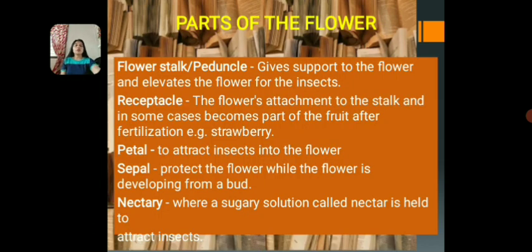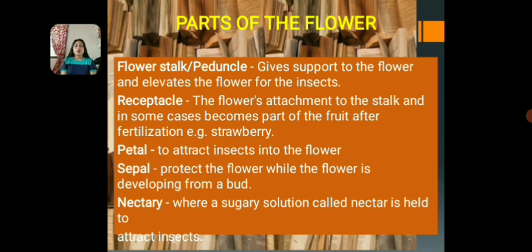So we have these parts of the flower. The flower stalk, the pedicel, gives support to the flower and elevates the flower for the insects. The receptacle is the flower's attachment to the stalk, and in some cases becomes part of the fruit after fertilization.